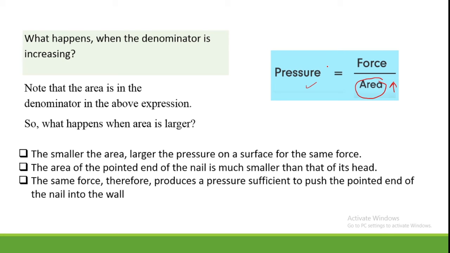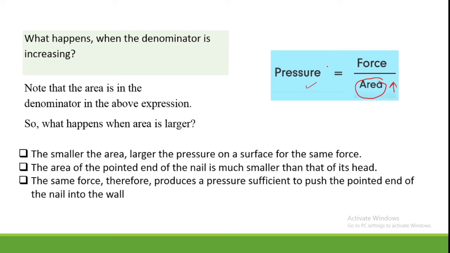Now, let us go back to the case where we are hammering a nail. The pointed end of the nail has a smaller area than its head. In the first case, you placed the sharper edge in contact with the wall, so the area of contact was less.